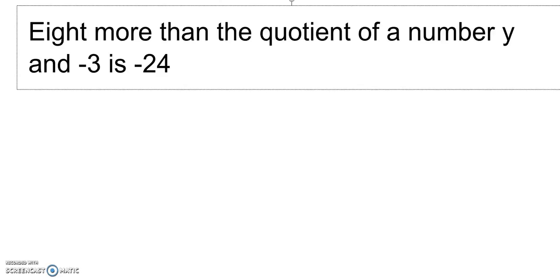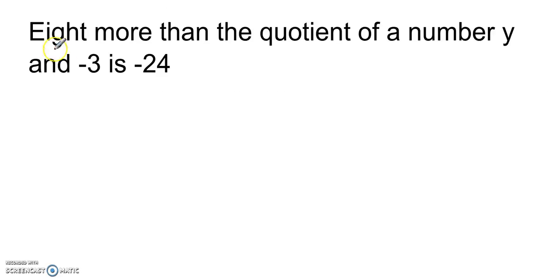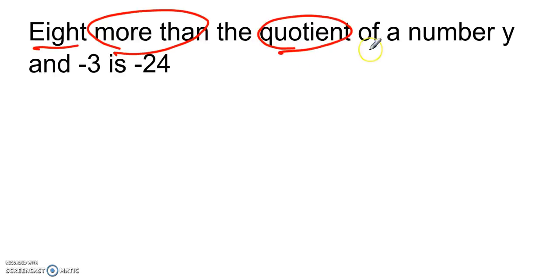All right, let's look at another one. Here we have 8 more than the quotient of a number y and -3 is -24. Again, I've looked for my key numbers or variable, and then my key words that tell me an operation or a situation that I need to deal with. So 8 more than means we're adding.